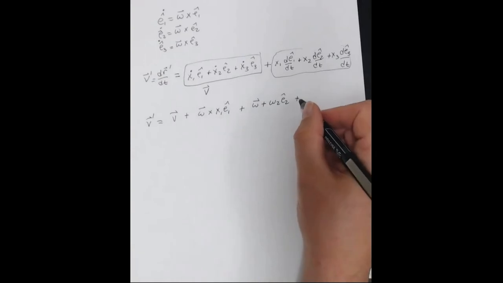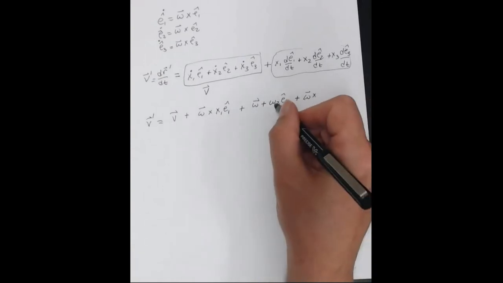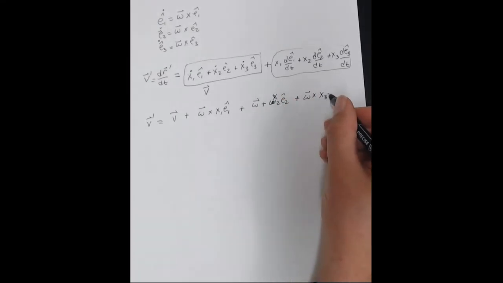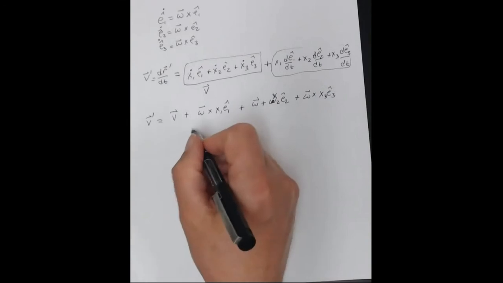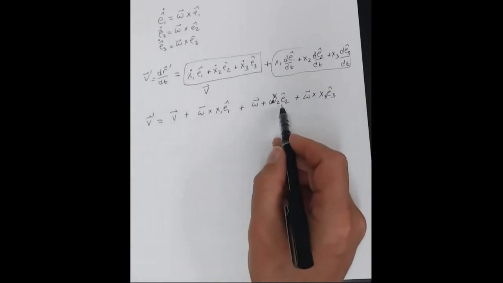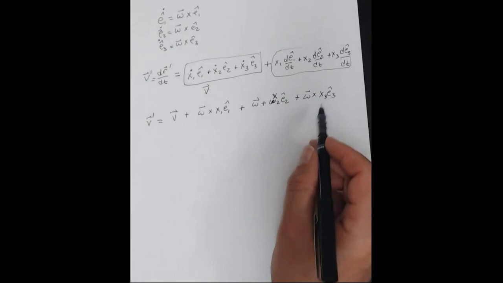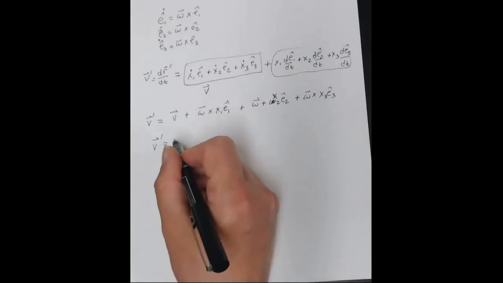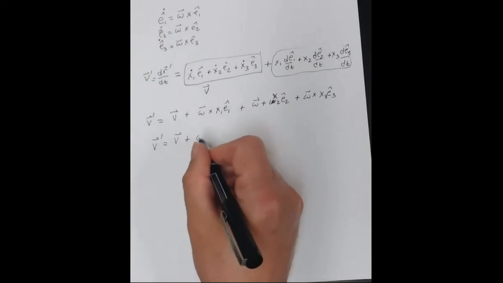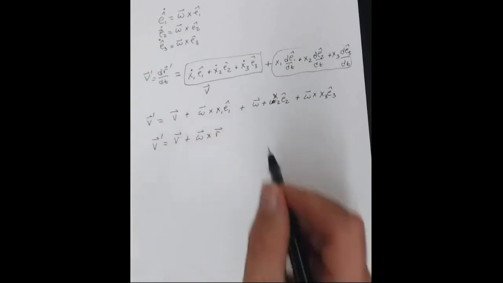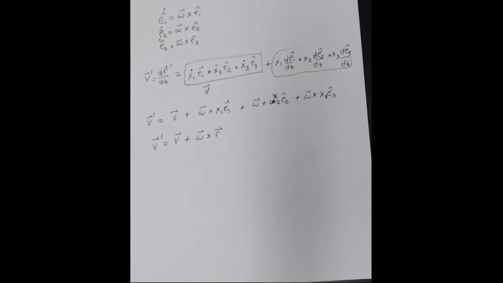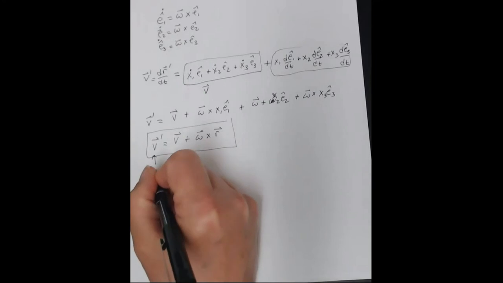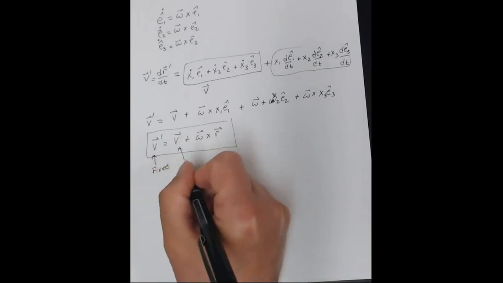And then for the last term, oh, not omega 2, that's x2. x3 E3. And x1 E1 plus x2 E2 plus x3 E3, that's just r. So I can write this now. The velocity I would see from the fixed frame is the velocity you would see from the rotating frame plus omega crossed r. There we go. Fixed, rotating.